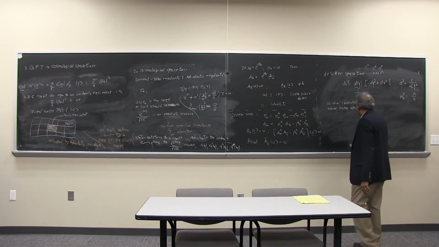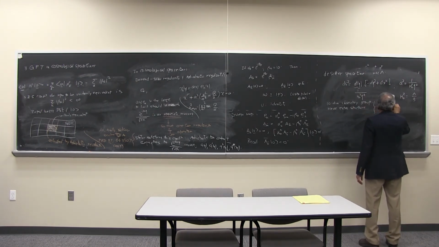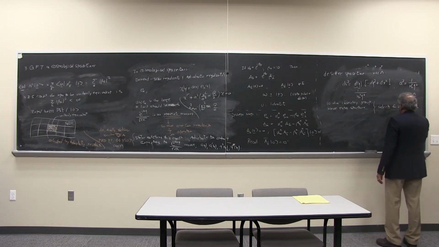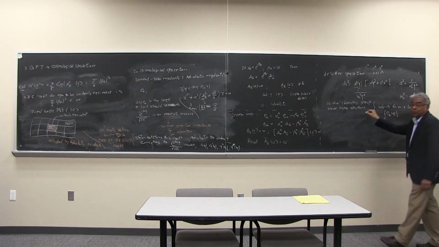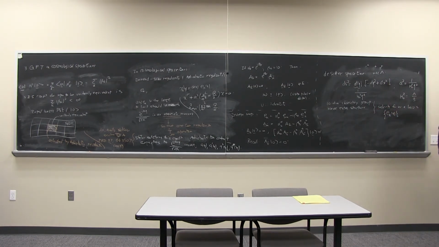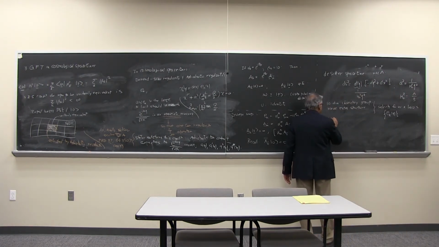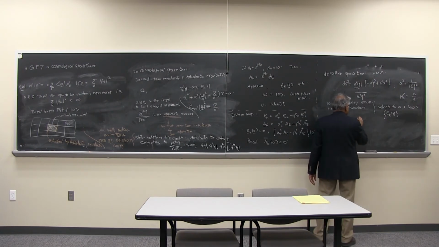And then the statement is that this selects for us a basis with this extra structure where we're requiring that the 2-point function be de Sitter invariant.